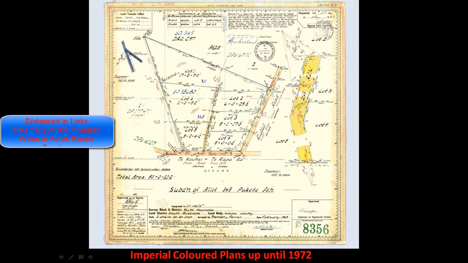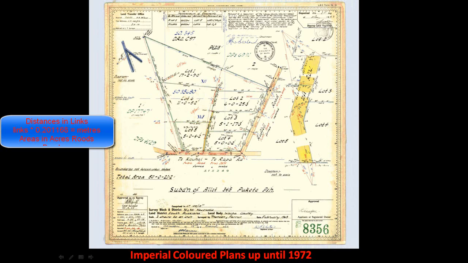Initially South Auckland and North Auckland were joined as one, and when they split into two, sometime in the 50s, the deposited plans from the South Auckland Land District took on the name DPS to differentiate them from those from the North Auckland Land District.